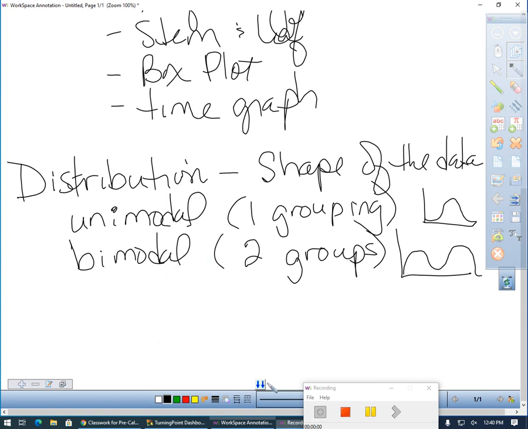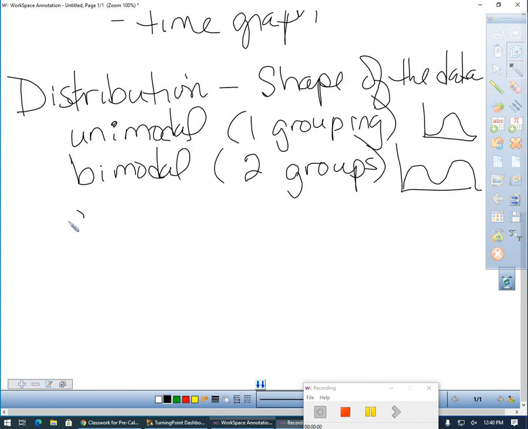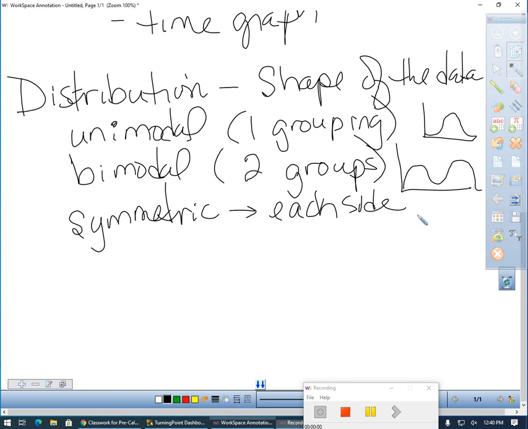We also can use the word symmetrical. When I say symmetric to describe the distribution, that means that the two sides are even. Each side is similar to the other, we'll say. So again, that might look like something like this.